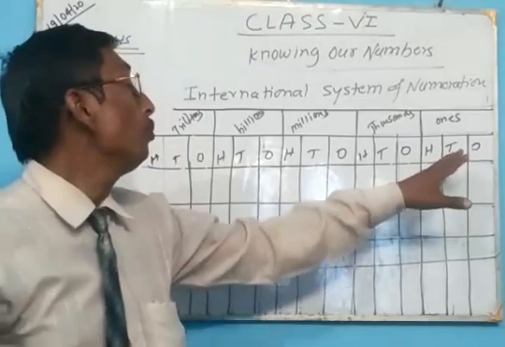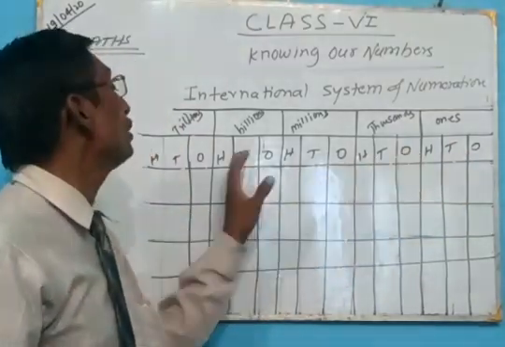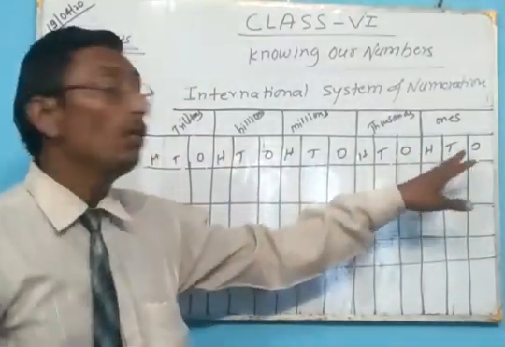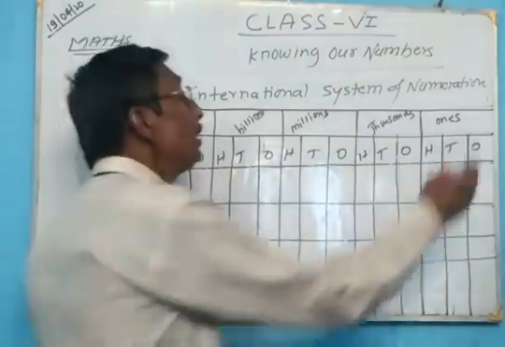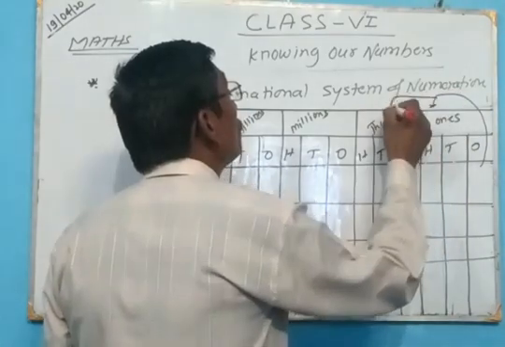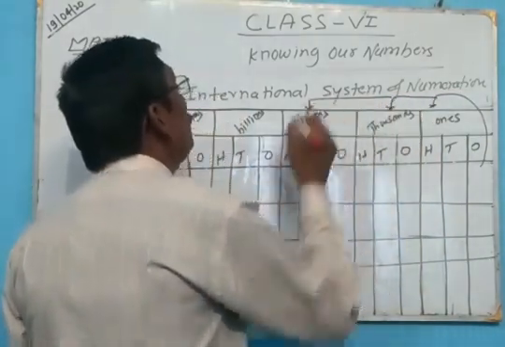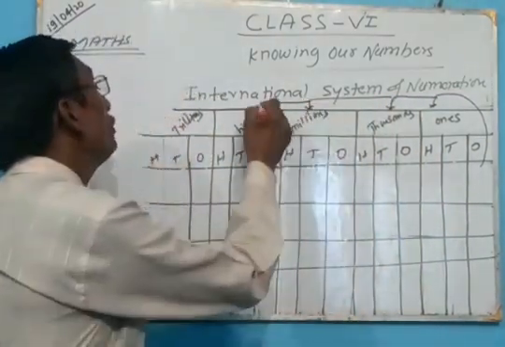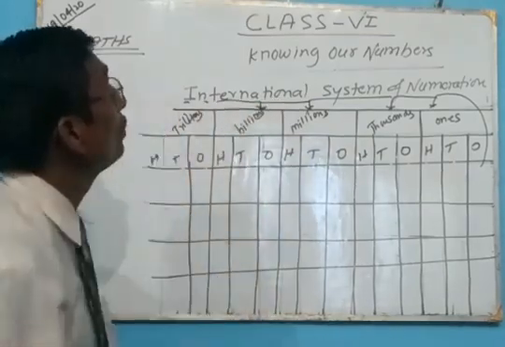Each part is divided into ones, tens, hundreds, and after it we call the head name ones, thousands, millions, billions, and so on.